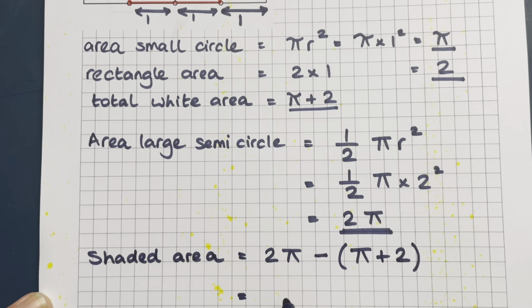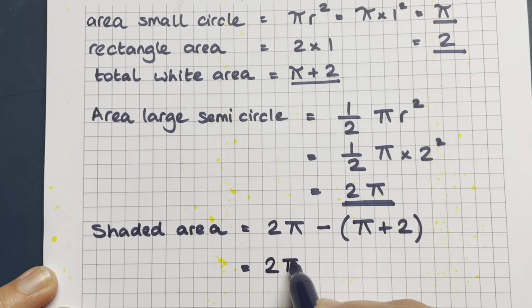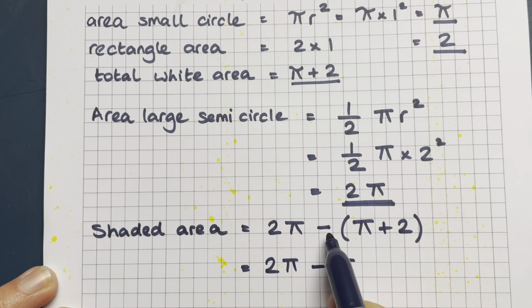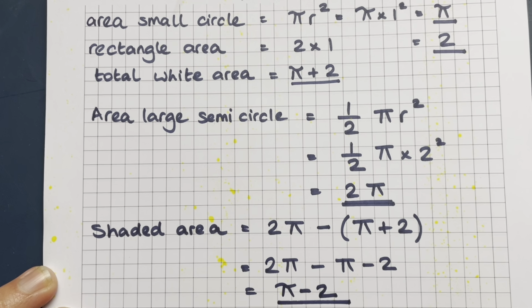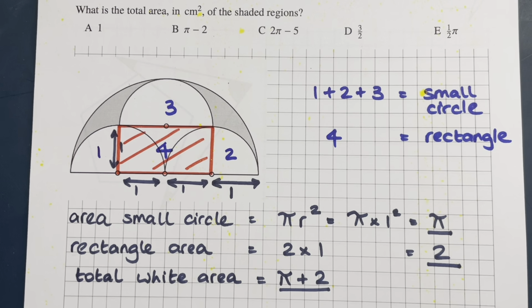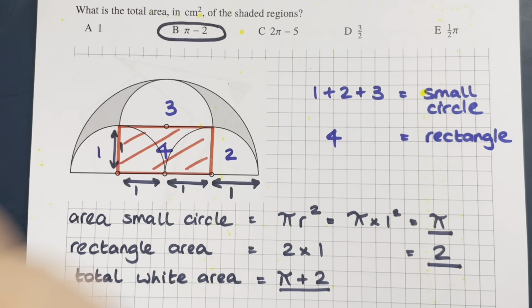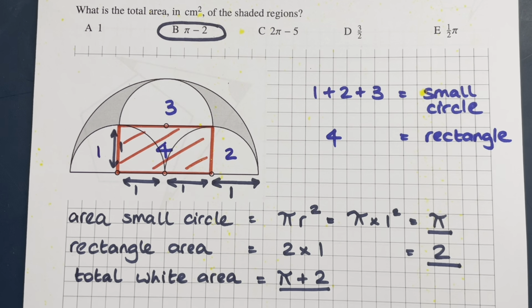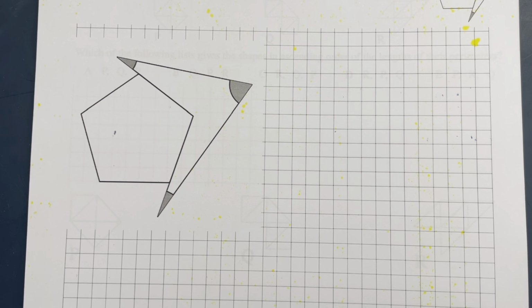So I've got 2 pi, subtract pi, subtract positive 2, so I'm subtracting 2. So I've got pi subtract 2 as my answer. Let's go all the way back up to the top. And yes, indeed, that is B. Pi subtract 2 is the answer to question 21.